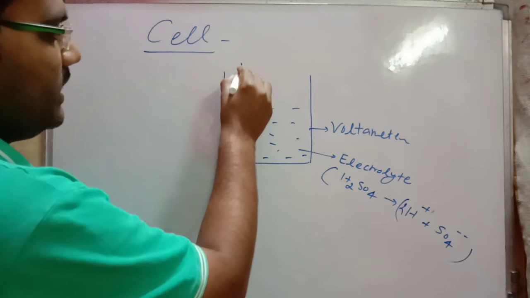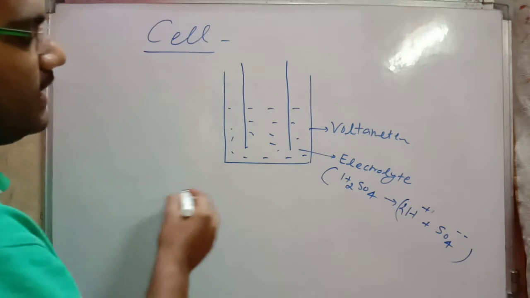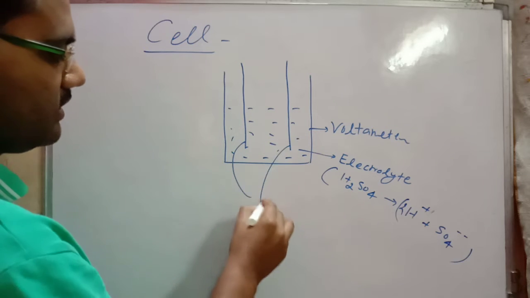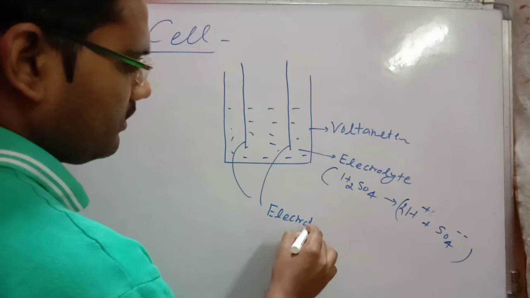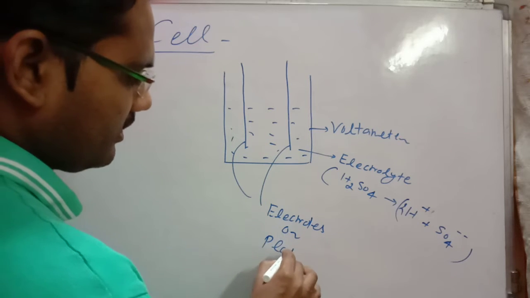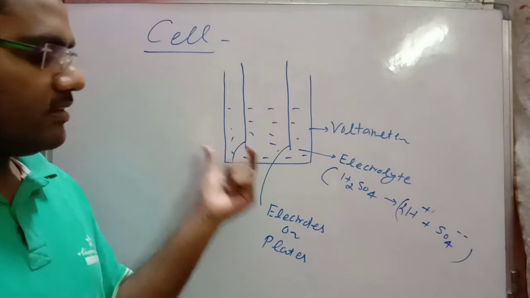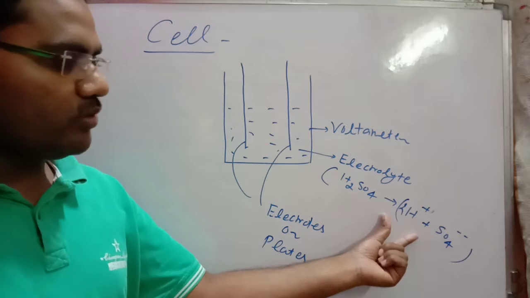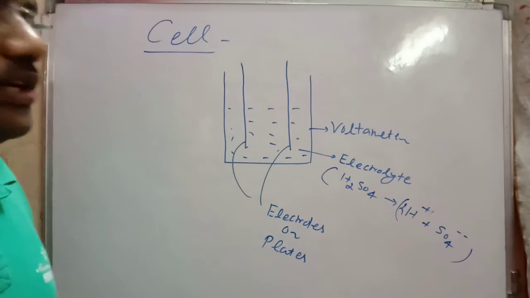Now we dip two plates. These are called electrodes, or simply plates. Then one plate absorbs all the positive ions and the second plate absorbs all the negative ions.